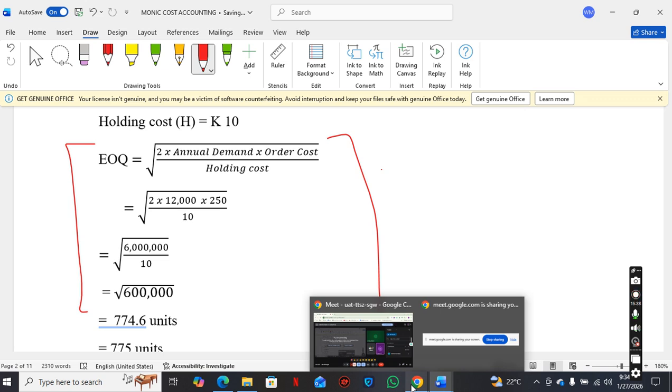But the actual cost of the goods themselves, that's the purchase price. Oh, okay. Okay, thank you, sir. Go ahead, Mr. Mau.